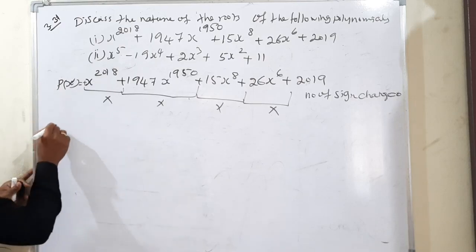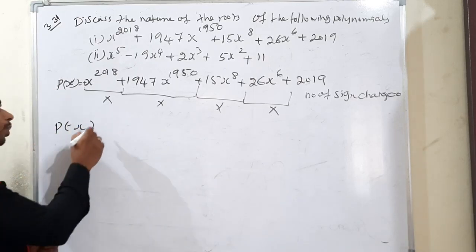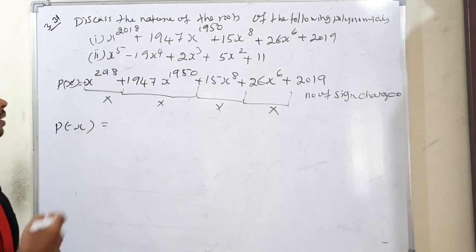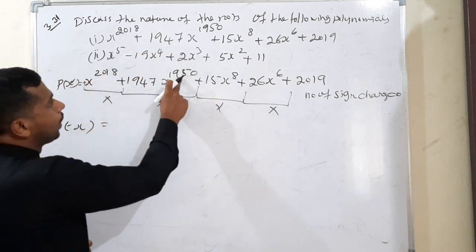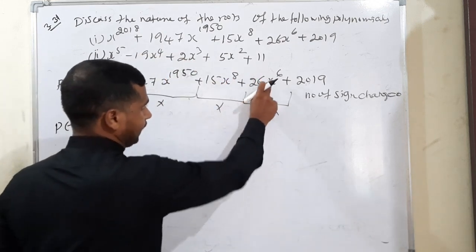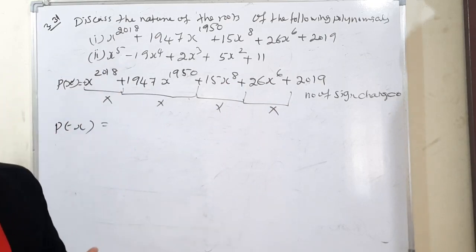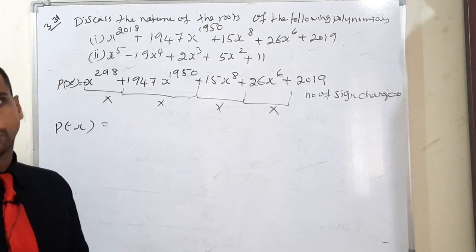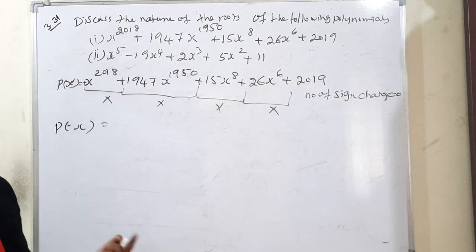P of minus x also, look here. Already I told you, if the power is an even number, the sign will repeat, the same sign. Here each and every power is even: 2018, 1950, 8, 6, all even numbers. If you substitute minus x, since the power is even, minus converts to positive. Here also every sign is positive, so there is no sign change.